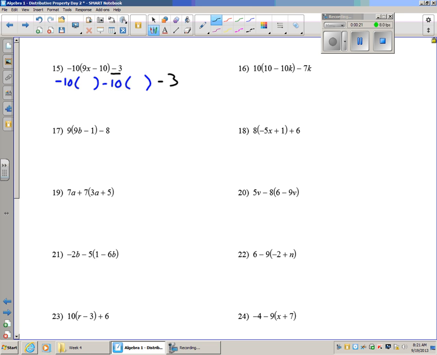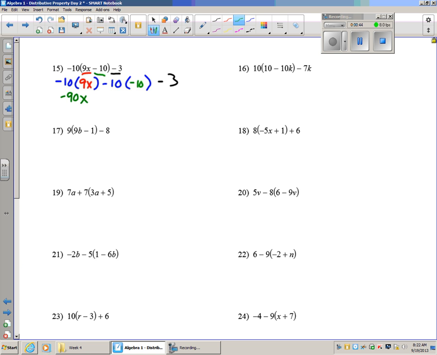Just going to copy it. First term is 9x. And my second term is negative 10. So I get negative 10 times 9x. That's going to be negative 90x.